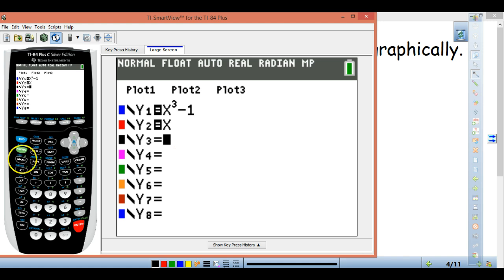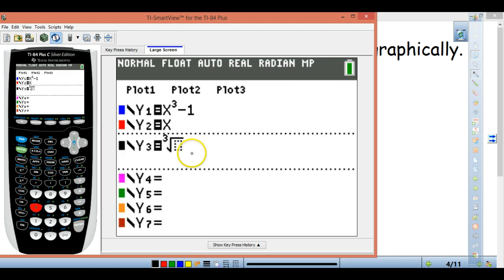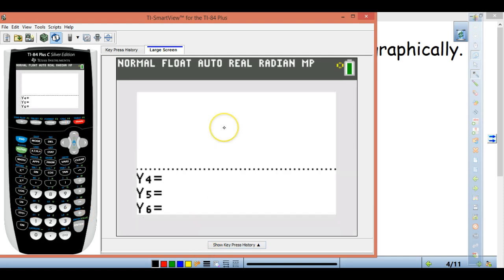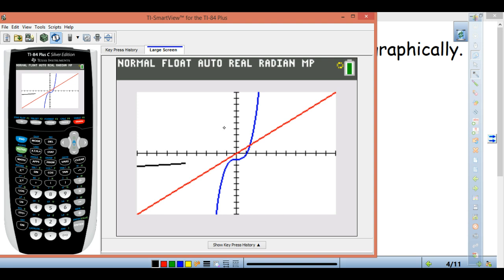And then the cube root of x plus 1. So there's x cubed minus 1. There's the line y equals x. And then here's the cube root of x plus 1, and you can see indeed that those two functions are reflections of each other over the line y equals x.